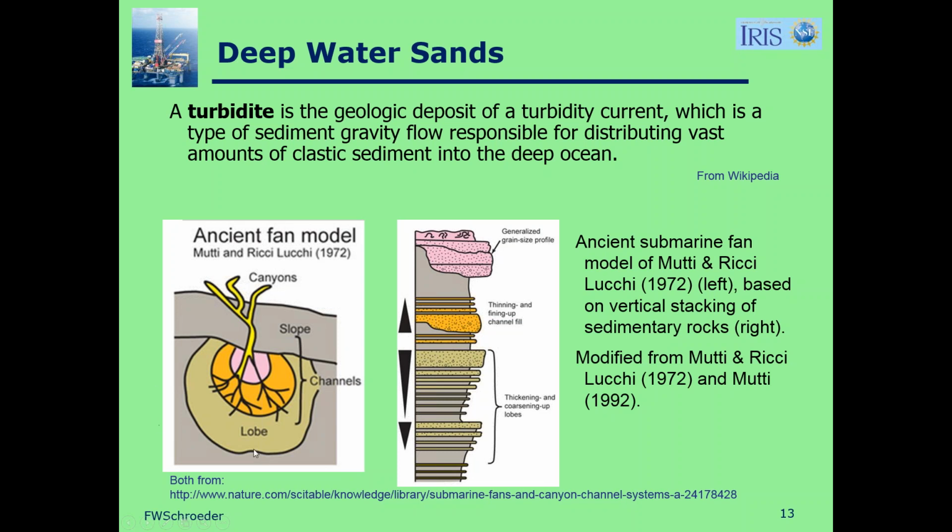At the toe of the slope, where the seafloor gradient flattens out, the turbidity currents lose their velocity because the gravity pull is not so large, and the coarser materials are deposited first, the medium grain, and then the finer grain. And so we can get a lobate shaped deposit near the toe of the slope.